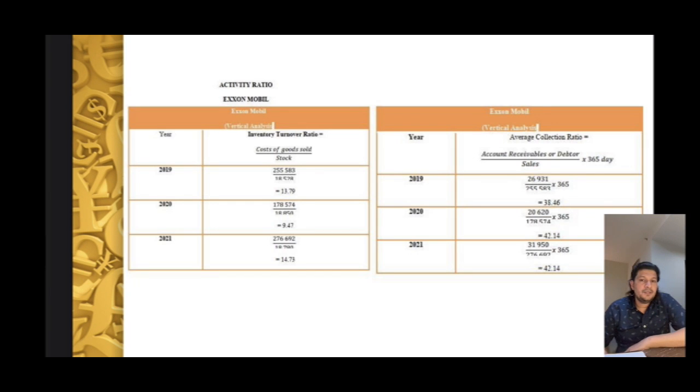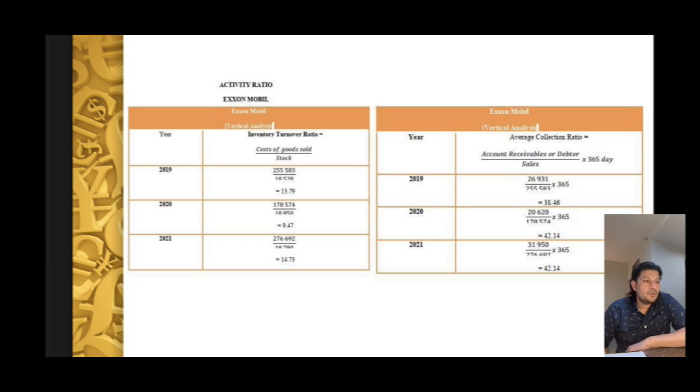For the activity ratio for ExxonMobil, inventory turnover ratio is cost of goods sold divided by stock, and for 2019 it is 255,583 divided by 18,528, and the answer is 13.79.